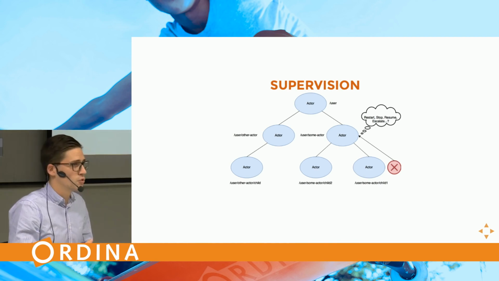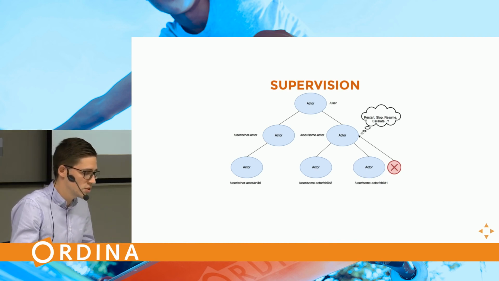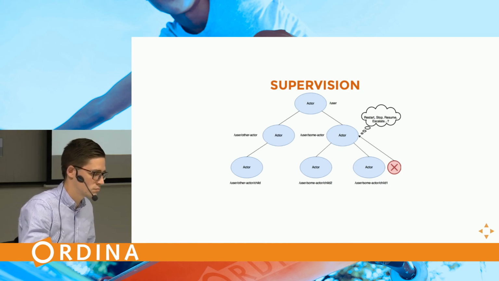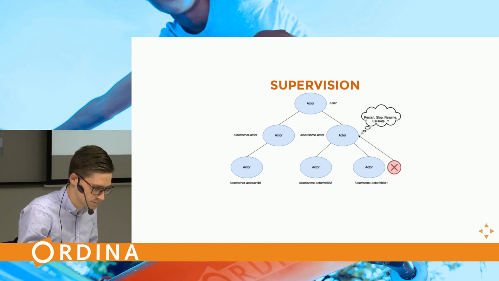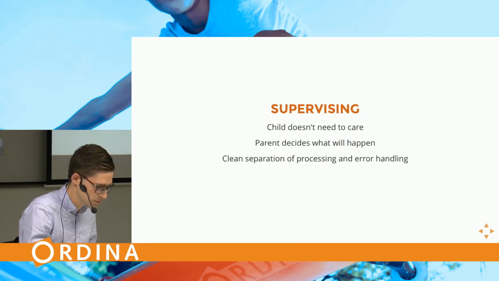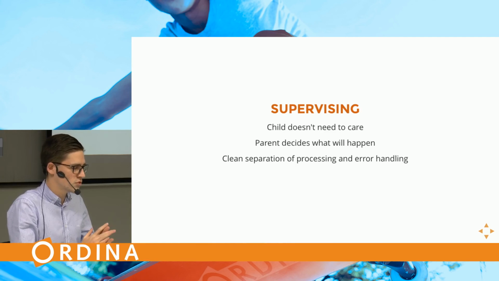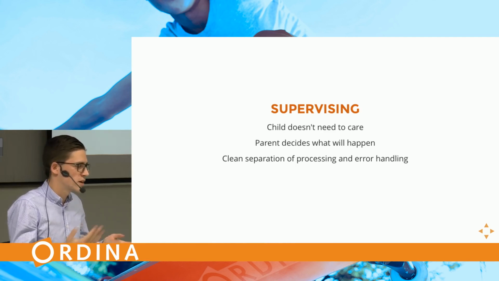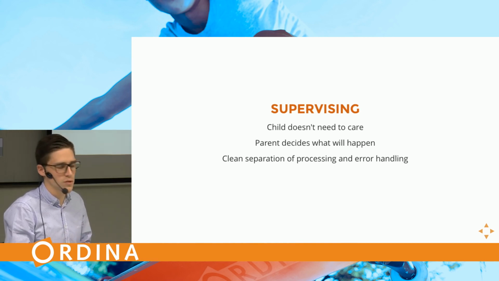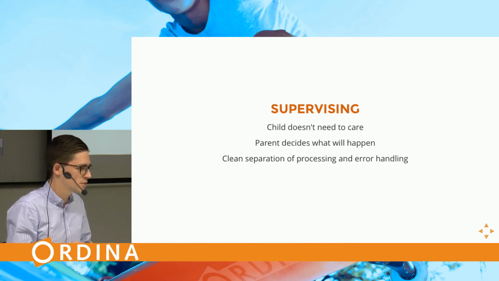But there are other use cases where it would be more useful to completely stop the child, or just ignore the failure and continue, or even to escalate the failure higher up to the parent of our parent actor right here. So just to summarize the supervising part, the child doesn't need to care about what action it needs to undertake if it encounters a failure.